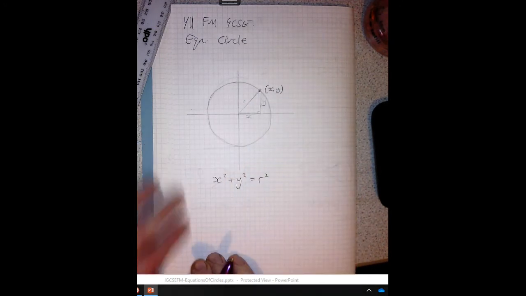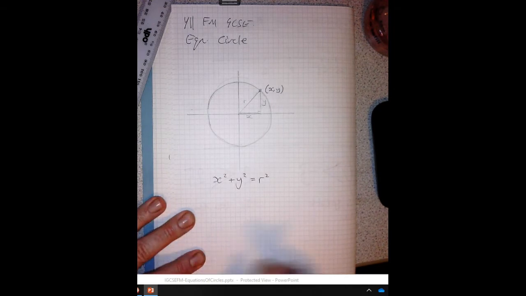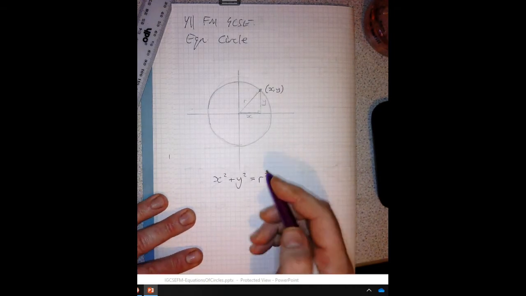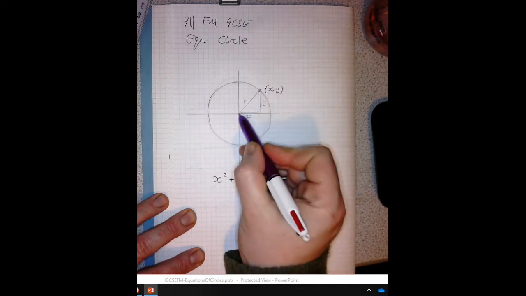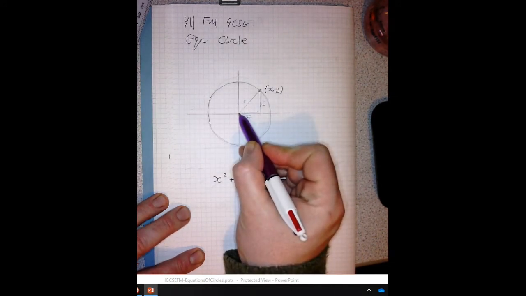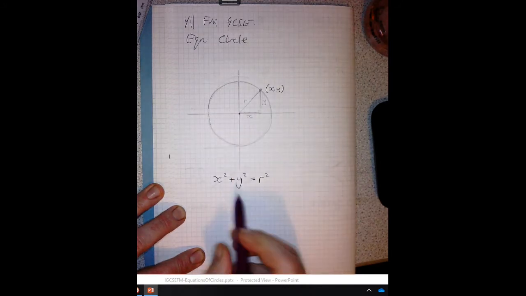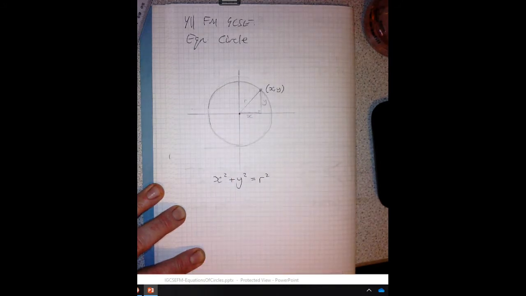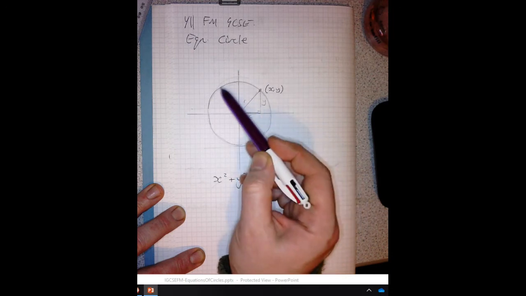I've got a right-angled triangle which has a width of X and a height of Y. So by Pythagoras, x squared plus y squared equals r squared.